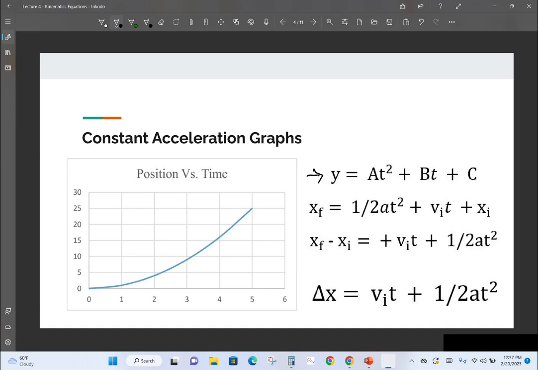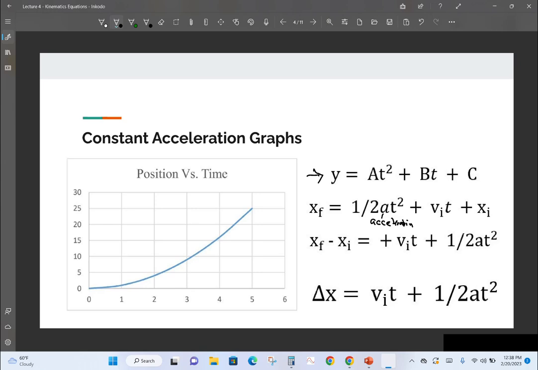It turns out that if we were to replace the variables here, we would see that the final position at any time is equal to 1/2 of a, which is the acceleration of the object, times t squared, plus the initial velocity of the object times t plus its initial position.